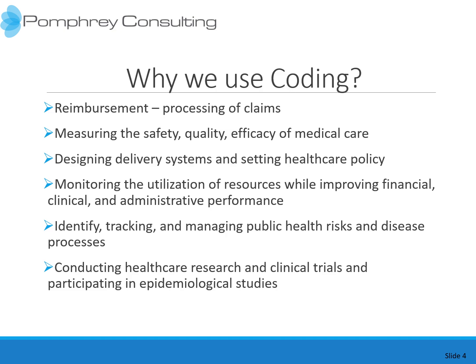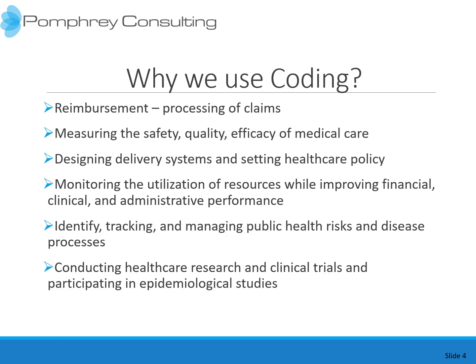The other key things, and one of those being very important for trauma registrars, is taking those universal alphanumeric characters and transporting them into information that would be used for tracking and managing public health risk, as well as other processes that would in the end improve that patient's care.